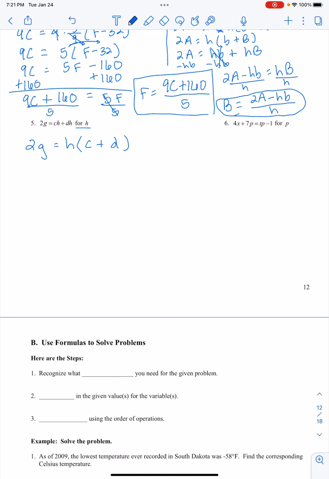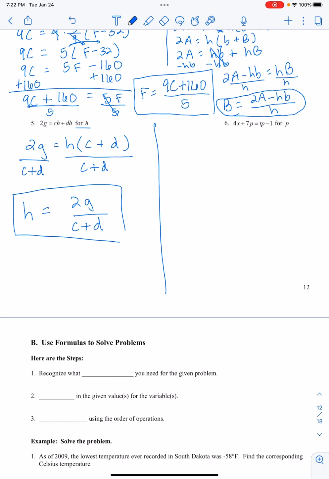But now, instead of seeing h twice, we only see h once. To get it by itself, we undo the multiplication and we divide both sides by c plus d. So we get h equals 2g divided by c plus d.